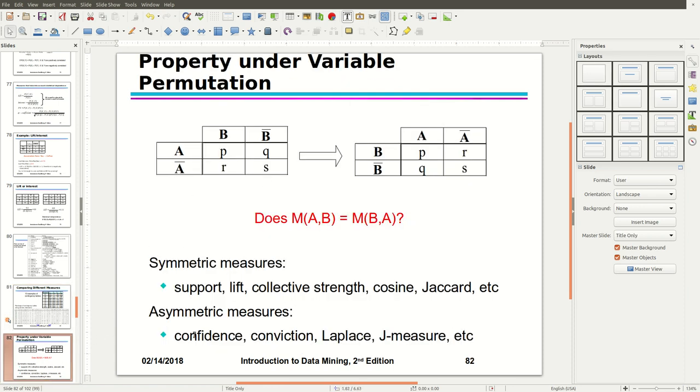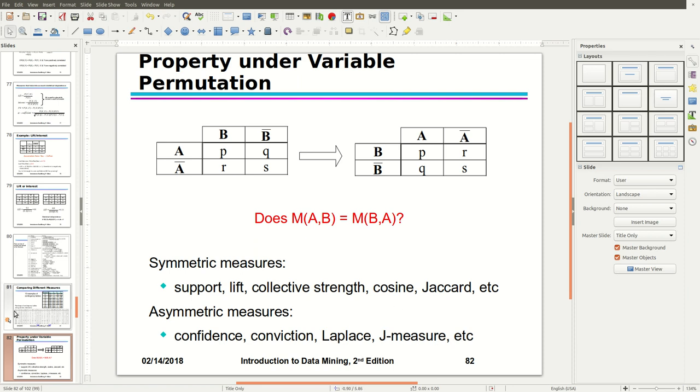So if they don't change after I made that switch, like flipping, if whatever measure I have, M of AB is equal to M of BA, M again being the measure, then I may call this symmetric. So if you look at it, support, lift, collective strength, cosine, Jaccard, these are symmetric. And we also have asymmetric measures like confidence, conviction, Laplace, J measures.